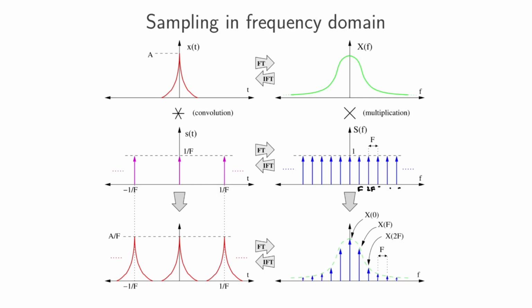We take this continuous signal and convolve it with this impulse train, and what we end up getting is dunk, dunk, dunk, dunk. What we see here is that a periodic time domain signal has discrete frequency components. Is this the DFT?